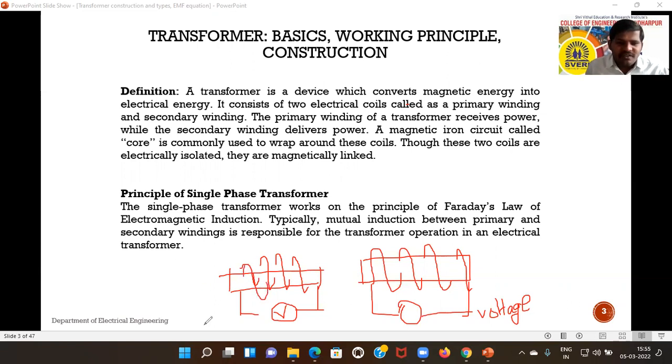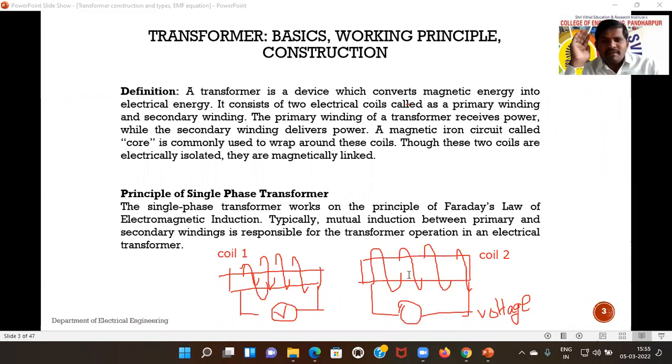See, this one is coil 1 and this one is coil 2.